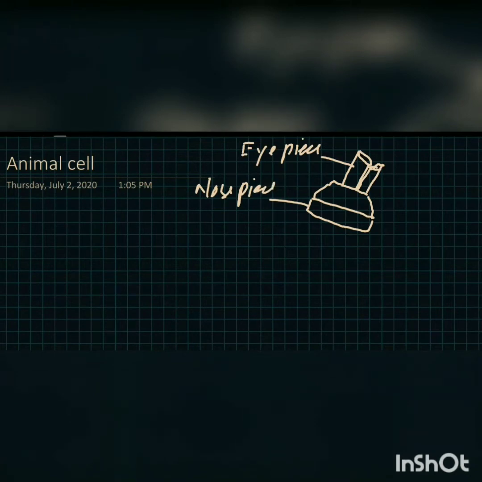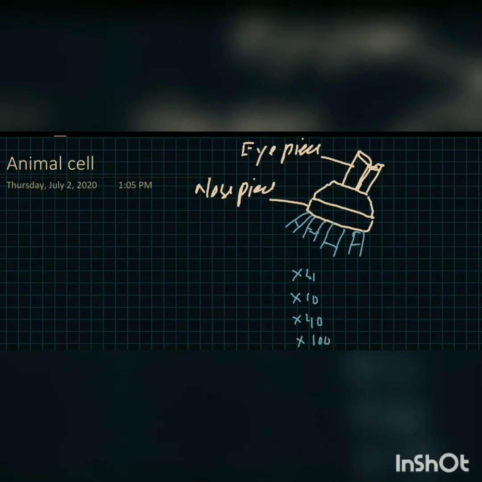There are 3 or 4 objective lenses attached here. We discussed this earlier. And each objective lens has some power written on it. The powers written on it may be X4, X10, X40 and X100.